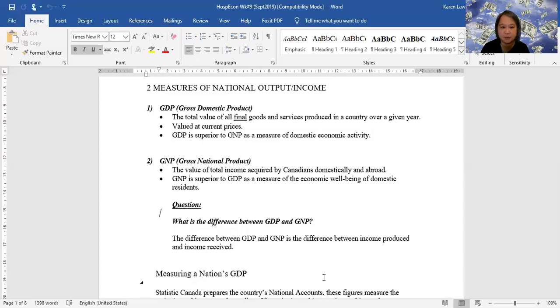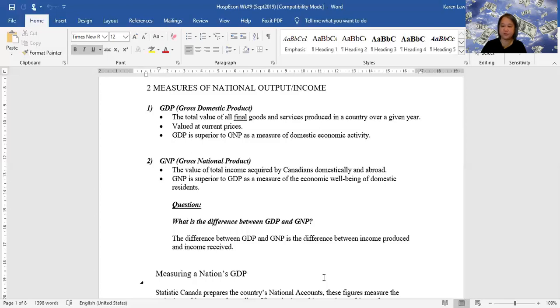So what we have here is we have GDP and we have GNP. So GDP is defined as your gross domestic product, and it is defined as the total value of all final goods and services produced in a country over a given year, and it is valued at current prices.